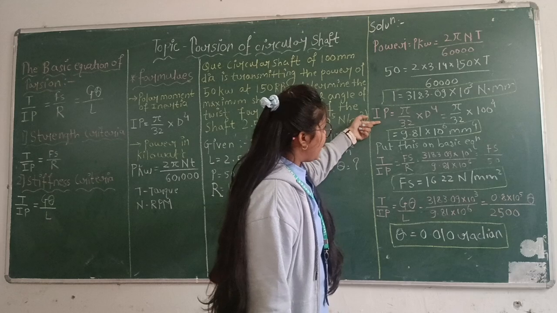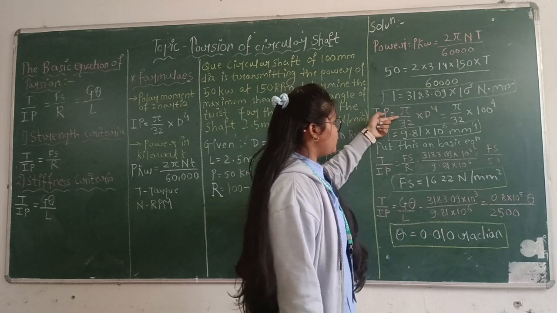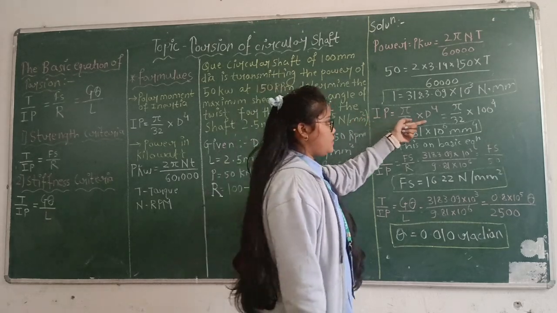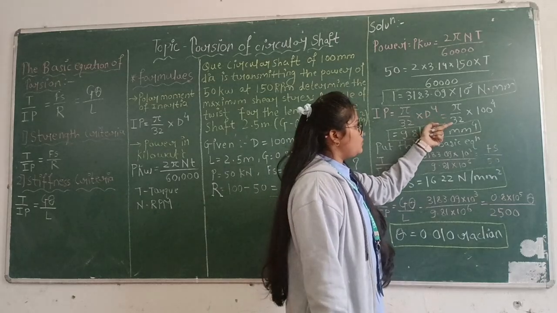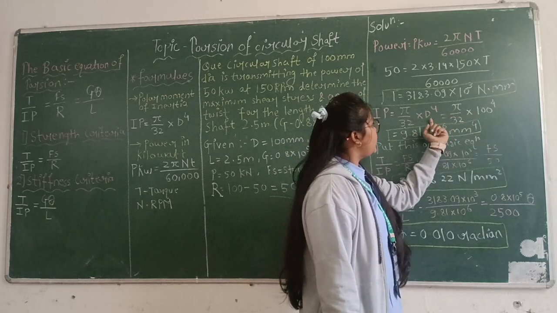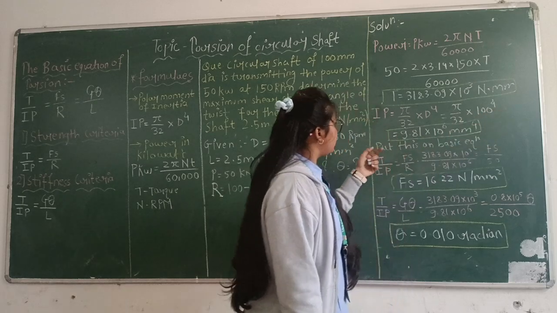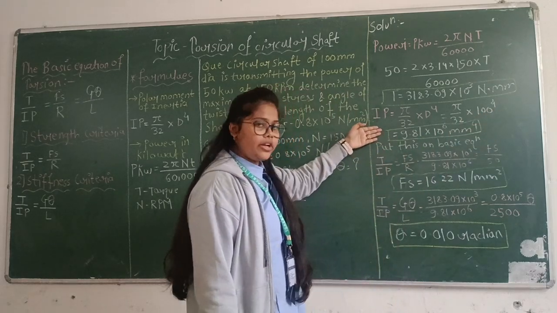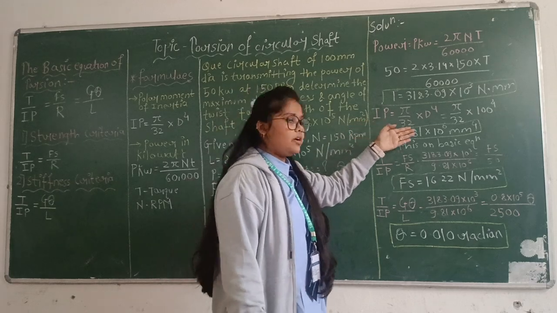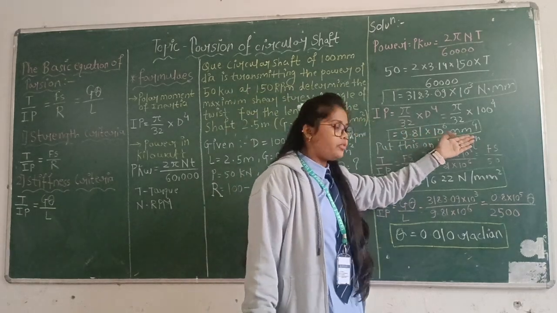And we want to find IP is equal to pi by 32 into D raised to the power 4, with D is equal to 100. The IP is 9.81 into 10 to the power 6 mm raised to the power 4.